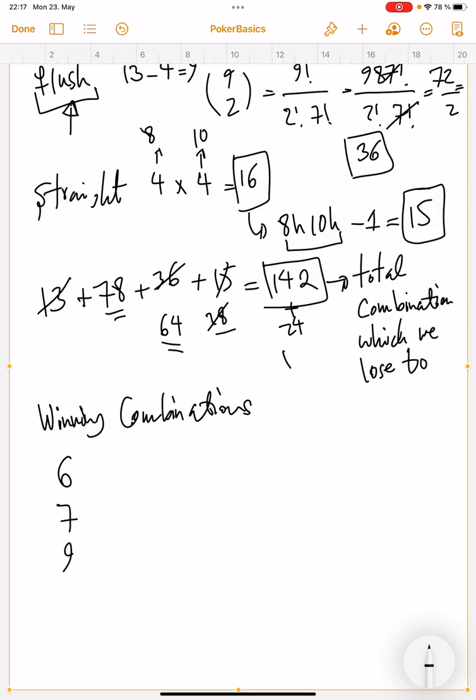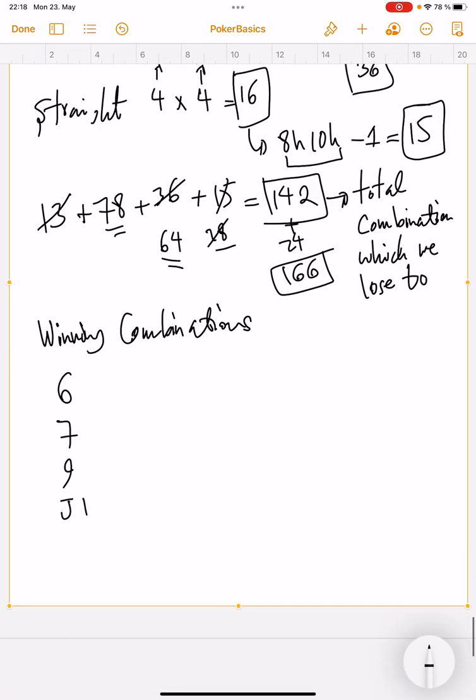This will be 166. But pairs of 6, 7, and 9, and also a jack, but with lower kicker. So jack and lower kicker we are winning against, right?